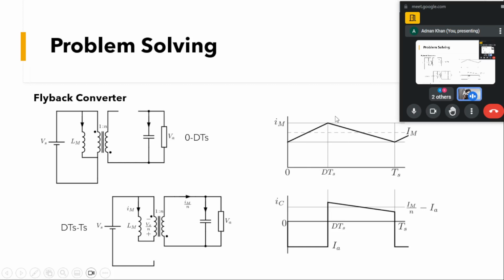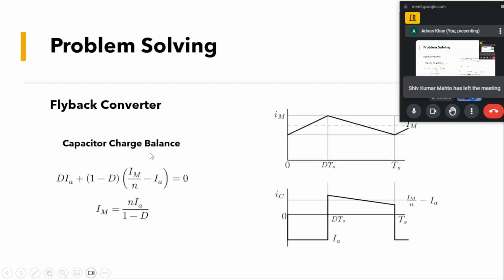So we can apply our equation in the interval from 0 to DTS. If we take a charge balance for these equations, we need to calculate the Im value. For 0 to DTS, we have D times minus Ia, plus the 1 minus D interval, where we have Im by n minus Ia, equal to 0. If you solve this equation, Im will come out to be n times Ia divided by 1 minus D.